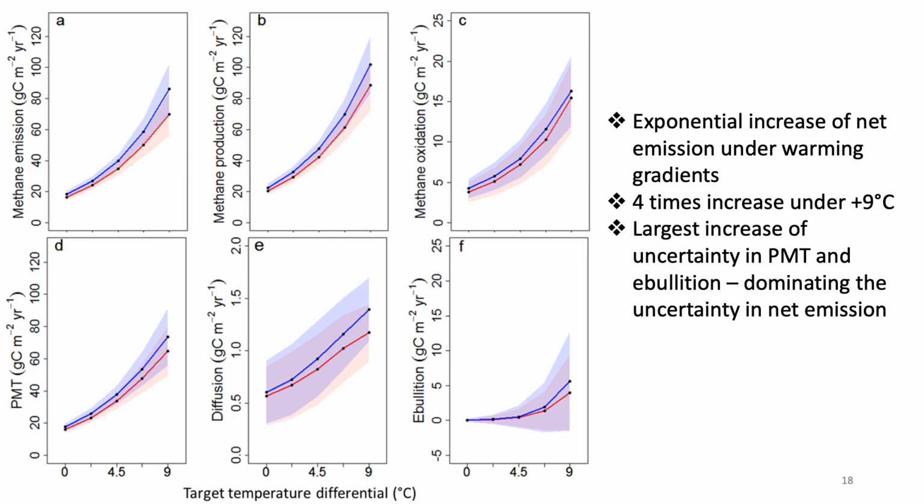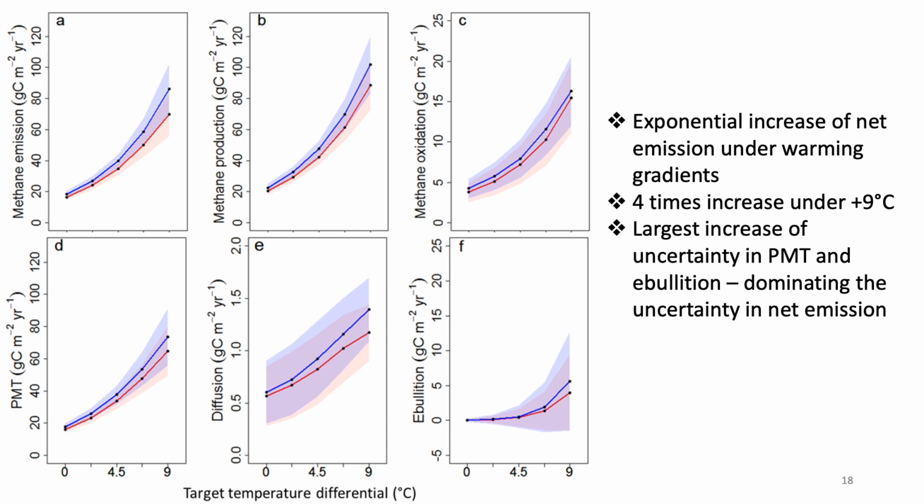This is a set of warming scenarios corresponding to the experimental warming treatment at the spruce site. We find an exponential increase of methane emissions in response to warming, shown in figure A, with a 4 times increase under plus 9 degrees Celsius warming.